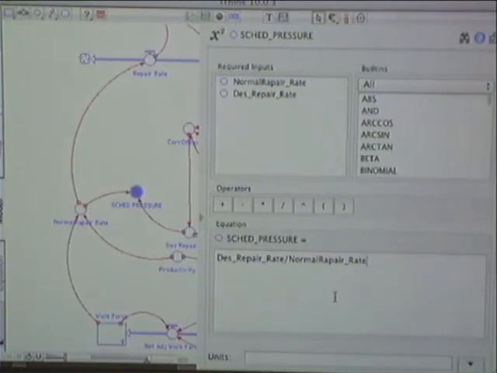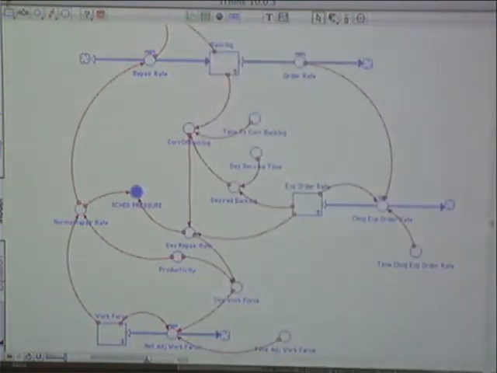If the two are equal, if I desire to produce what I normally would produce, the ratio between them is 1. If I want to produce more than I normally would do, I have a schedule pressure above 1, right? And vice versa, under 1 if I have nothing to do or little to do, compared to what I would normally do. So that is important.